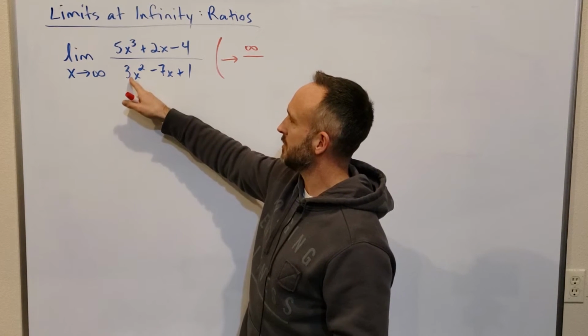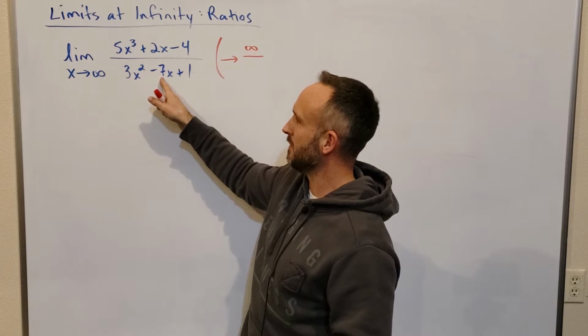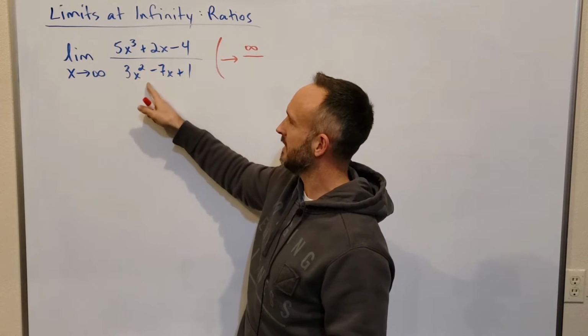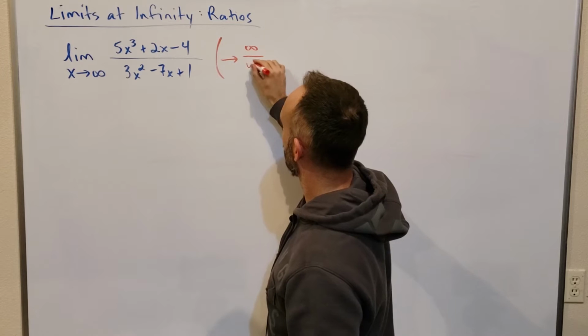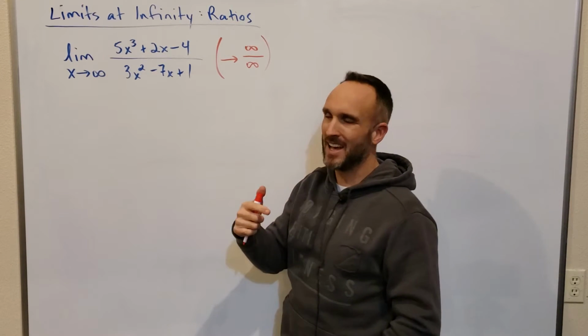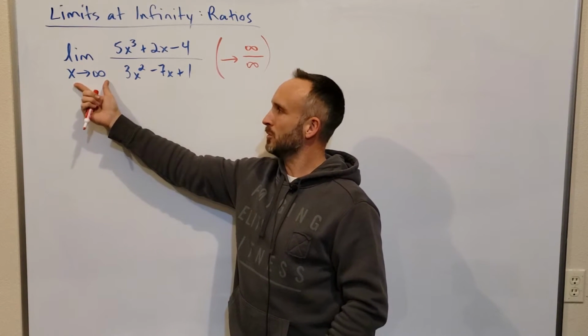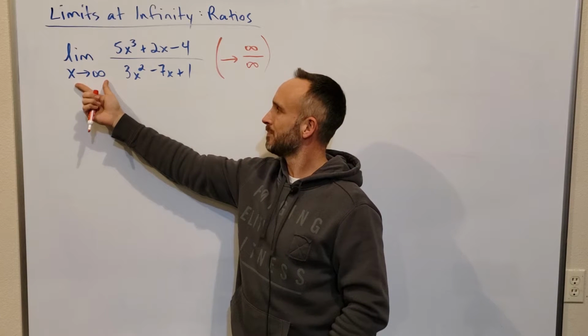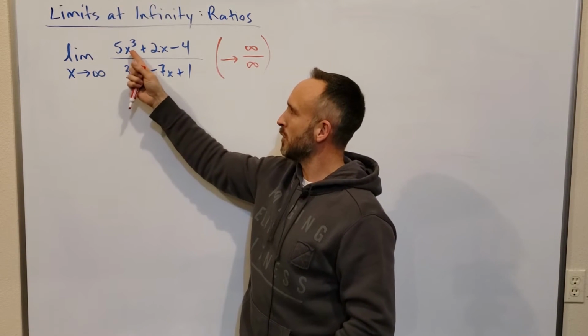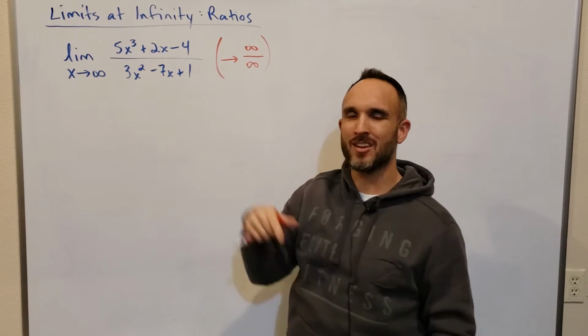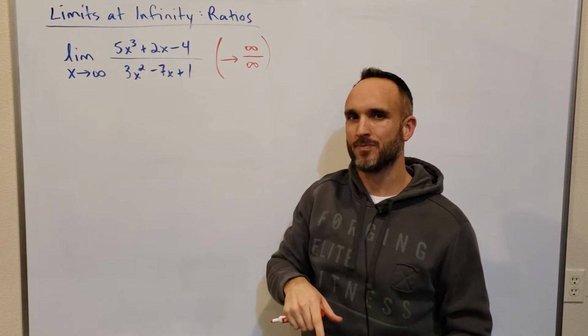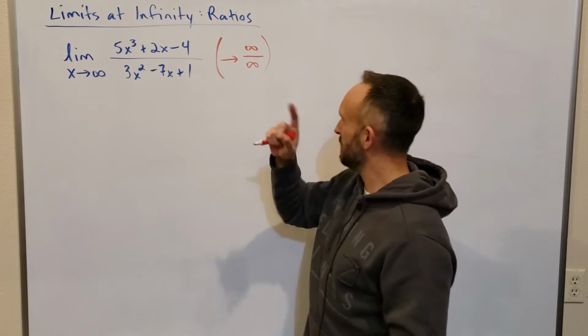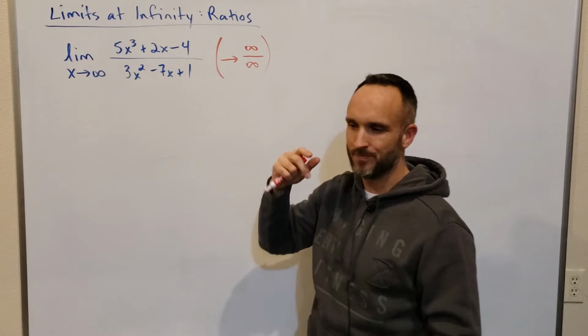So this turns into an infinity minus a smaller infinity. So we still have infinity plus 1. And so it appears that as x grows without bound, the numerator grows without bound and the denominator grows without bound. And so we get something like infinity over infinity.